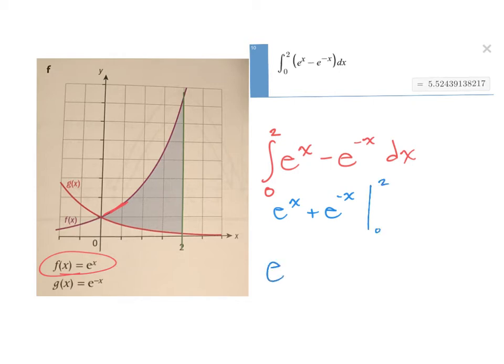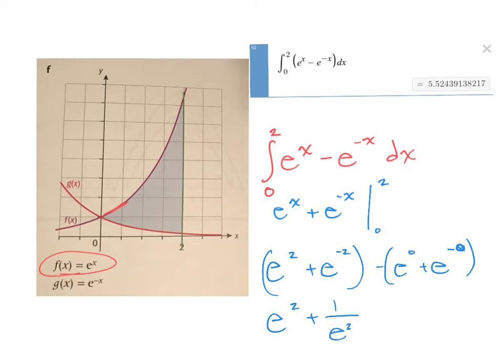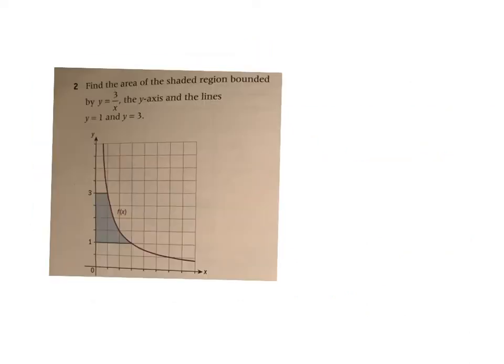So you'd get e squared plus e to the -2, all of that minus e to the 0, which is 1, plus e to the -0, which is also 1, so this is going to be 2. You're going to have e squared plus 1 over e squared minus 2, which works out to be that. There you go. Let me know what questions you have.